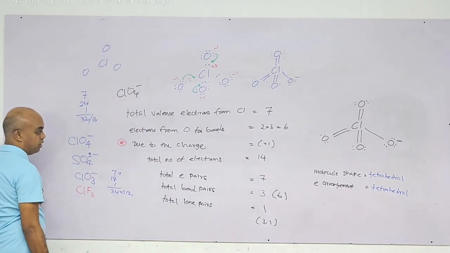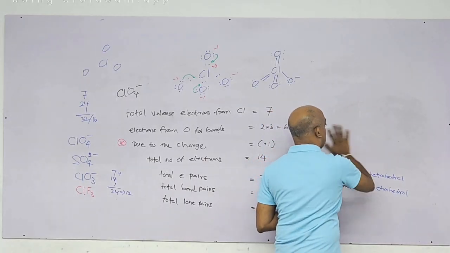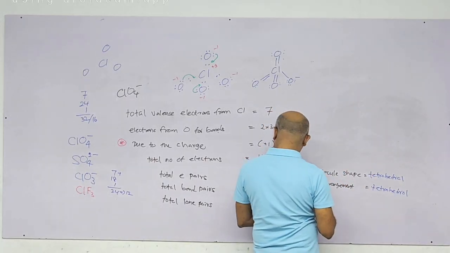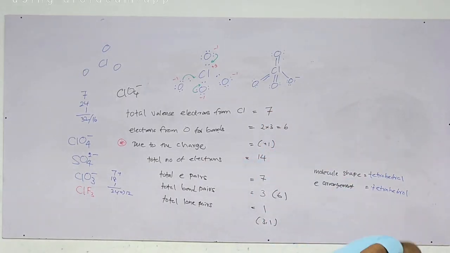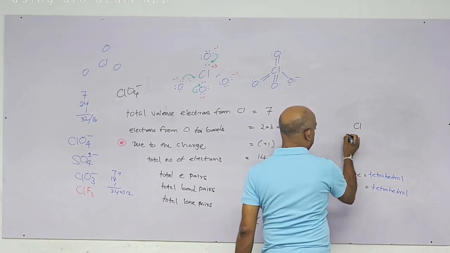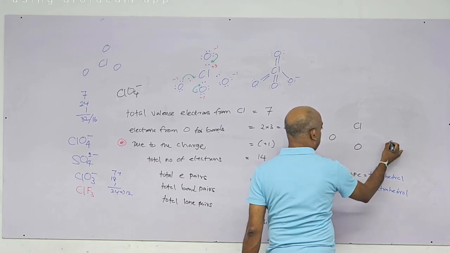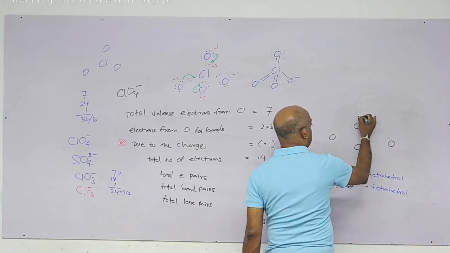We will have chlorine. 3-1 means pyramidal. Oxygen, and oxygen. The lone pair should be here.